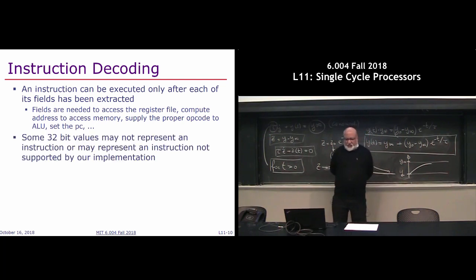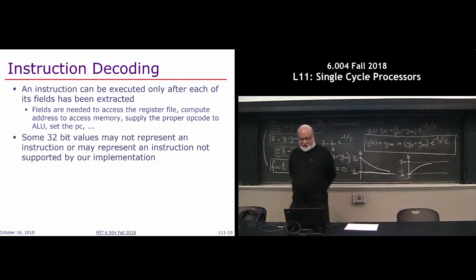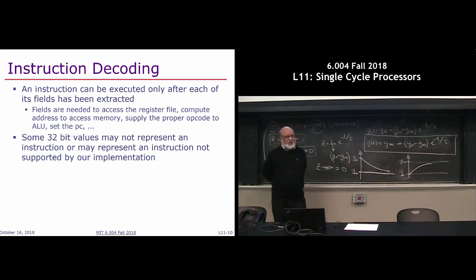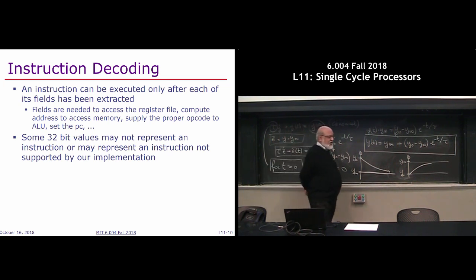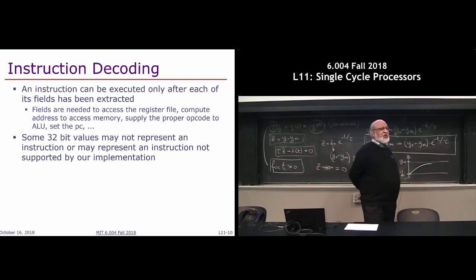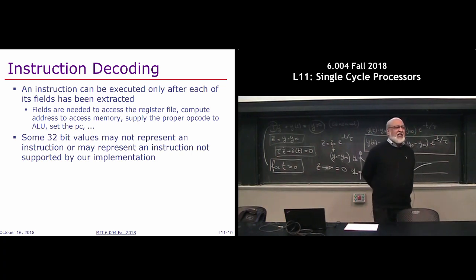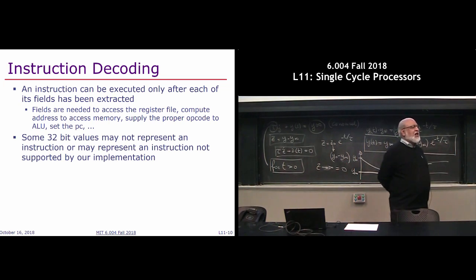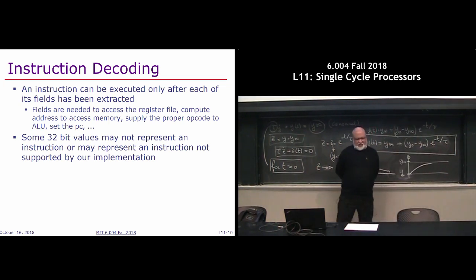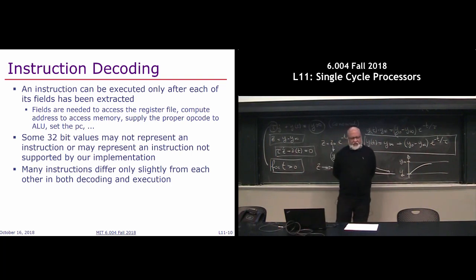And this turns out to be a very interesting question. The instruction may represent an instruction not supported by our implementation. So basically what I'm warning you is I can also put garbage in and say, please decode it. And then you are supposed to come back and say garbage or unsupported or something like that. So that's a possibility.